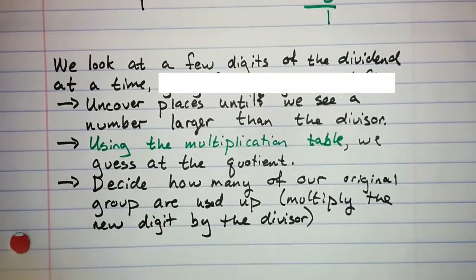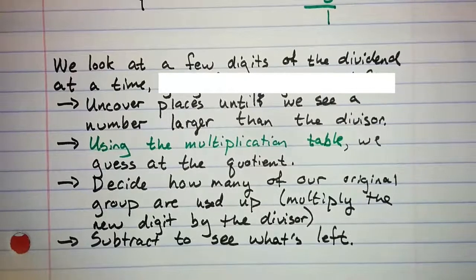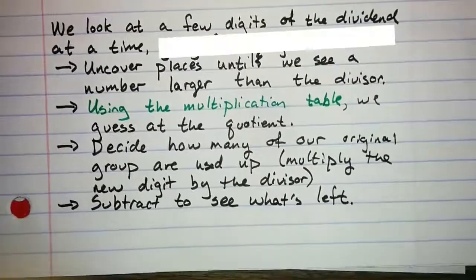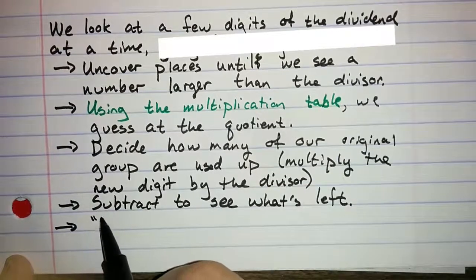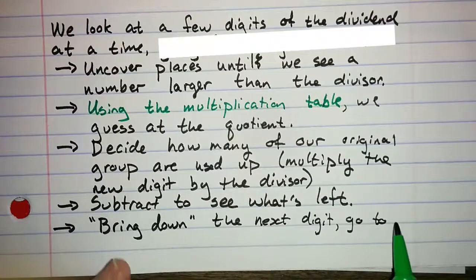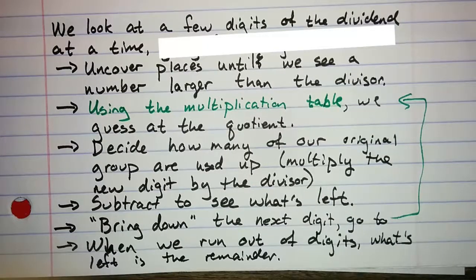We decide how many of our initial group are used up by multiplying the new digit times the divisor, and then subtract to see what's left. And then we move on to the next digit, right? We bring down the next digit and go back up to this step. When we run out of digits, what's left is the remainder.